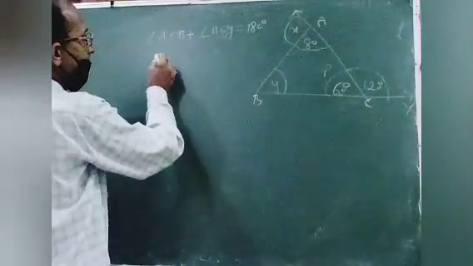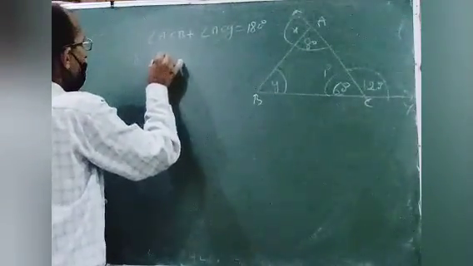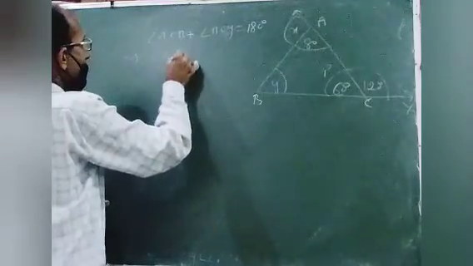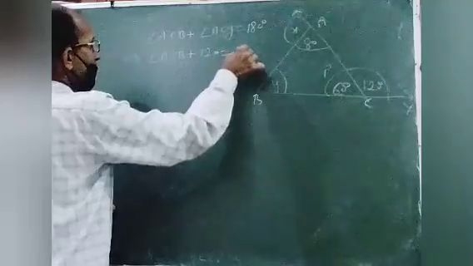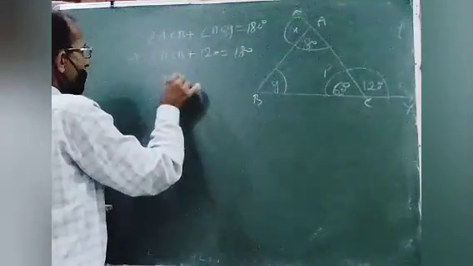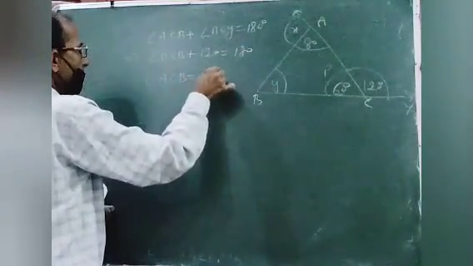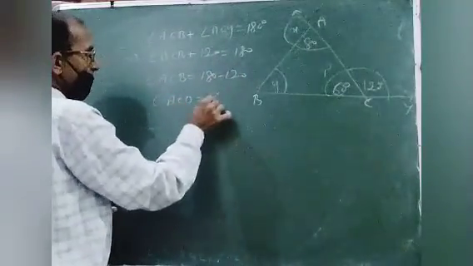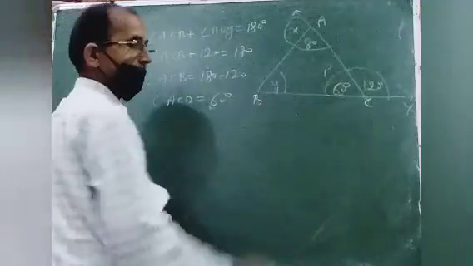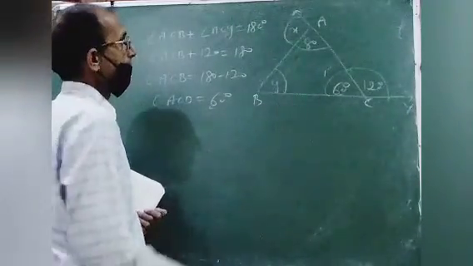Angle ACY is given as 120, ACB is not given. So ACB will be equal to 180 minus 120, so ACB will be 60 degrees.